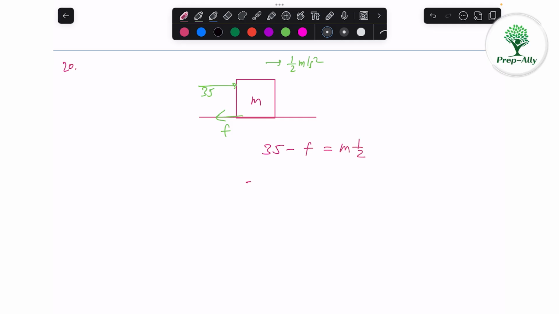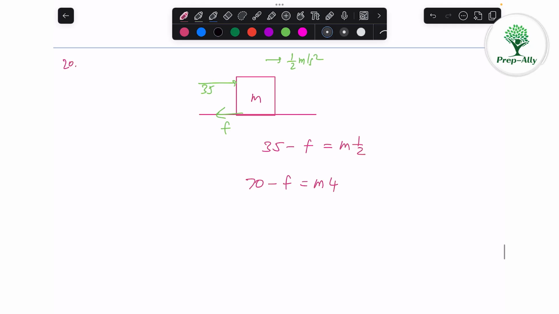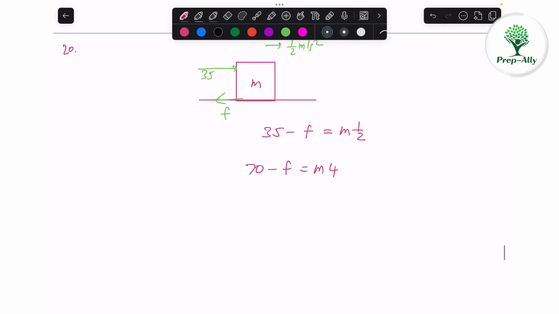When a person doubles the force, that means 70, the friction will still be F, is equal to mass into acceleration, which will be 4. Now, can we calculate both of these things? Right. So this is the first equation, second equation. Now, if I multiply the first equation by 8, what am I getting?